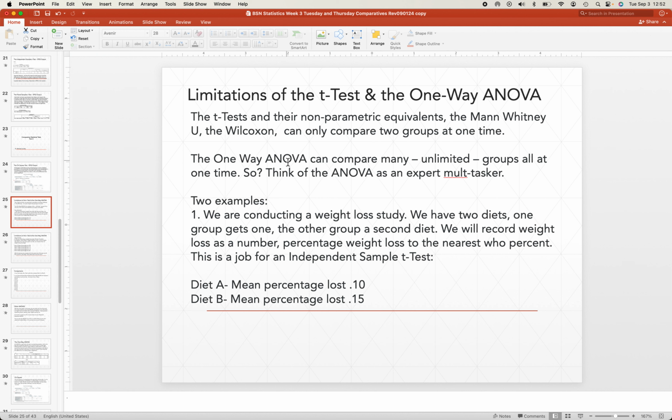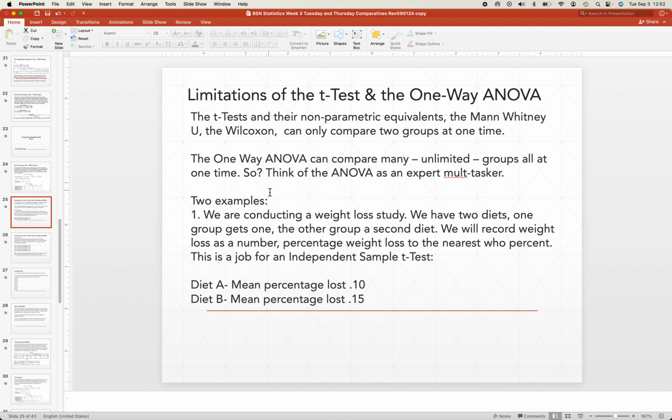But the one-way ANOVA can. In fact, the one-way ANOVA can compare, many think, an unlimited number of groups at one time. So if you want to, you can think of the t-test as being a test that cannot multitask, and an ANOVA, on the other hand, as being the expert multitasker.